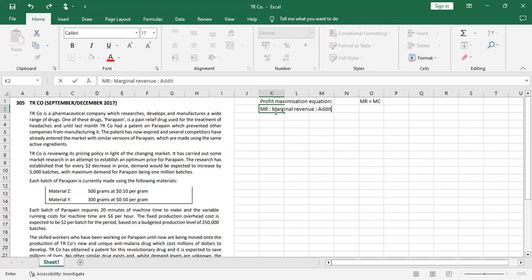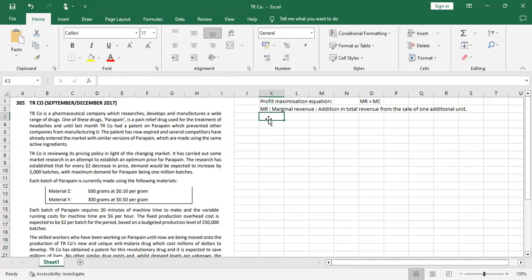Addition in total revenue from the sale of one additional unit. This is called marginal revenue.